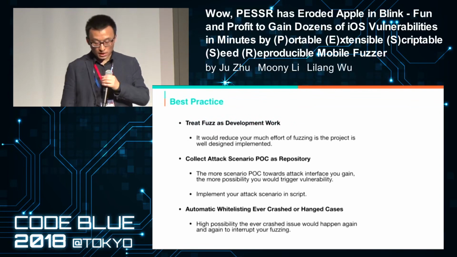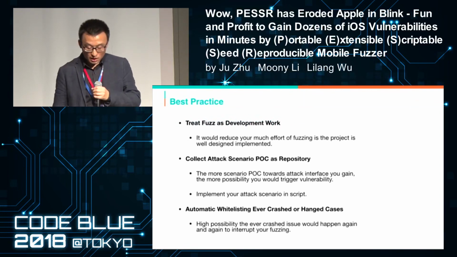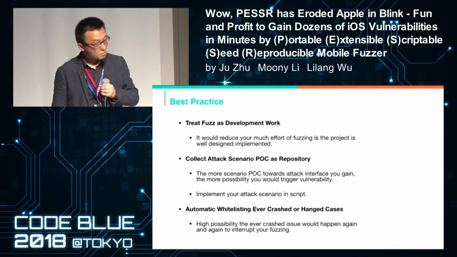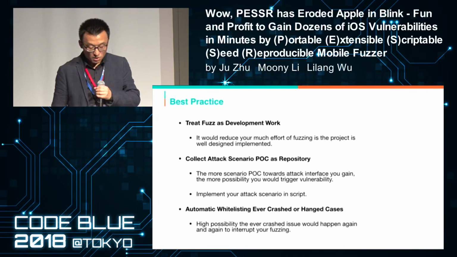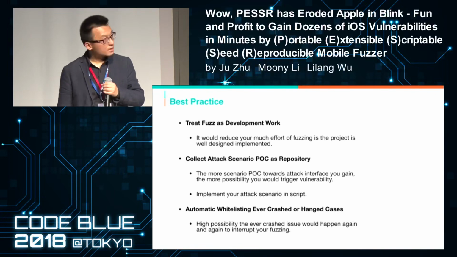As we have seen, a good fuzzing project should be extensible and portable, which should be achieved by good architecture design and high code quality. It would reduce your fuzzing effort much if the project is well designed. Security researchers should build or share large-scale scenario POCs toward the attack interface.